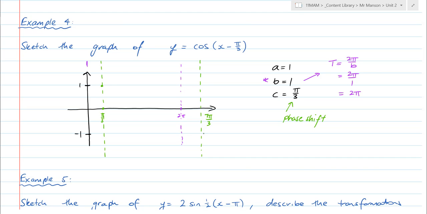And we might ask you to do some fractions in a tech-free exam. This is the fractions question. Pi on 3 plus 2 pi. 2 pi can be written as 6 pi on 3. Pi on 3 plus 6 pi on 3 is 7 pi on 3. That's just a skill you need to practice. So as you're doing the questions in a textbook, try not to use your calculator. Try and practice that skill and get those fractions sorted. So we know it starts at a peak because it's a cosine function.